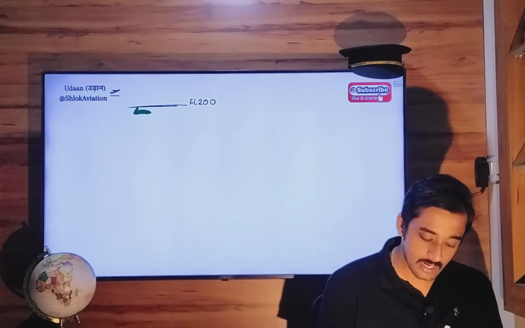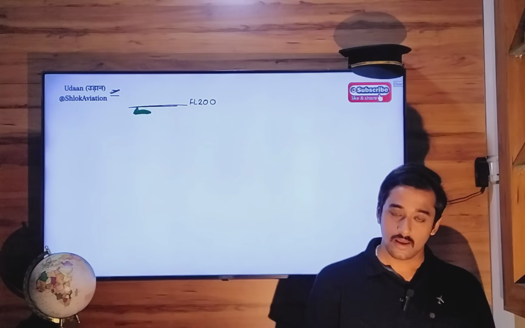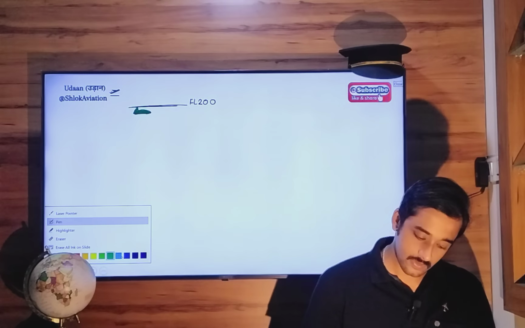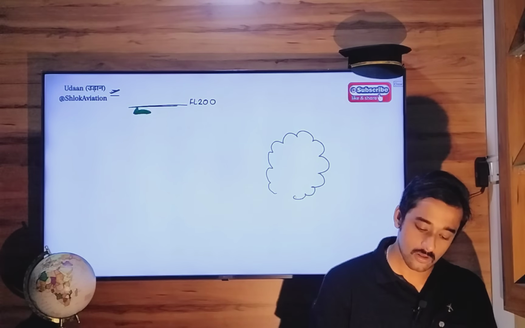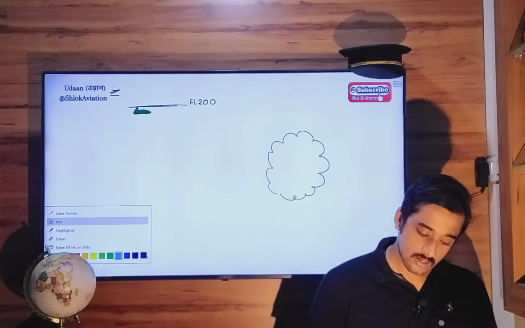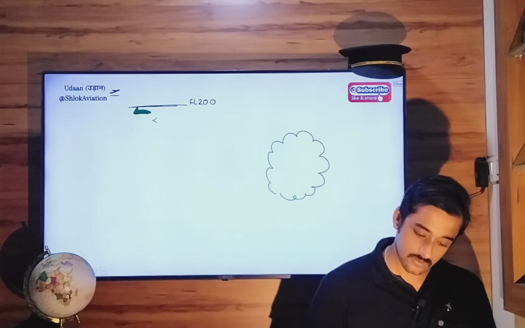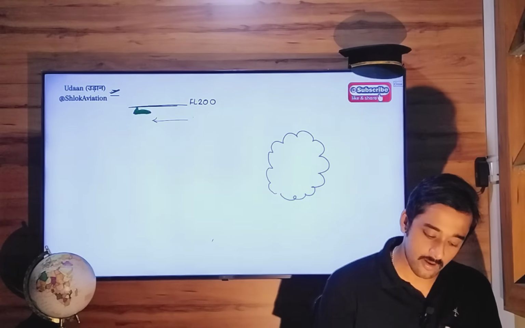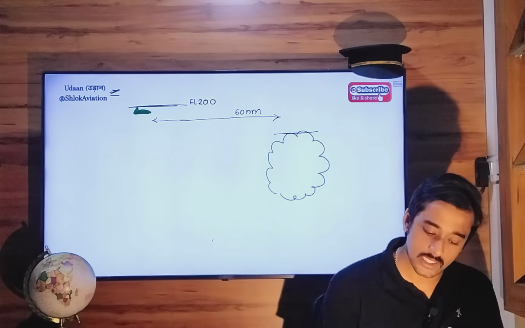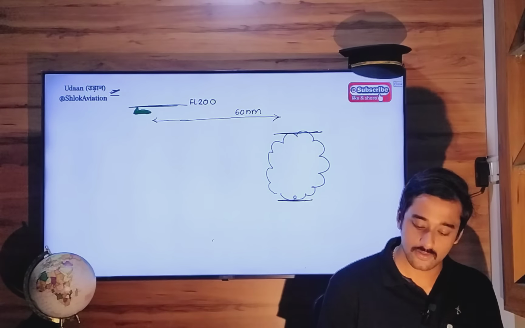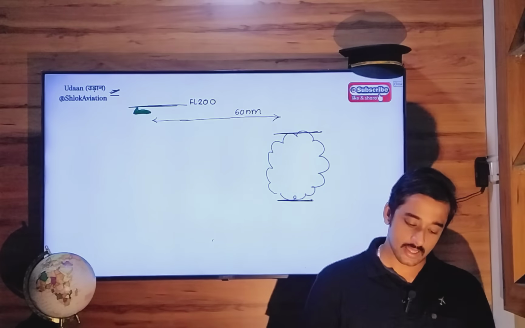There is a cloud in front of you that is 60 nautical miles away. You have to find the height of the top of this cloud and the base.